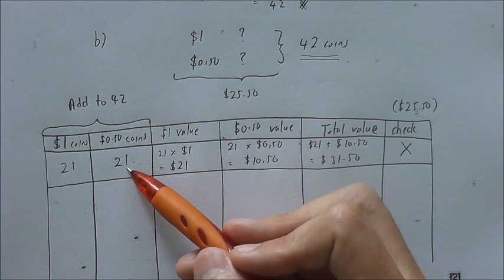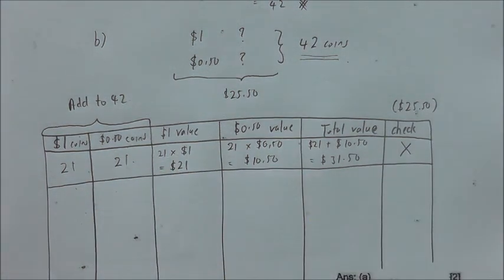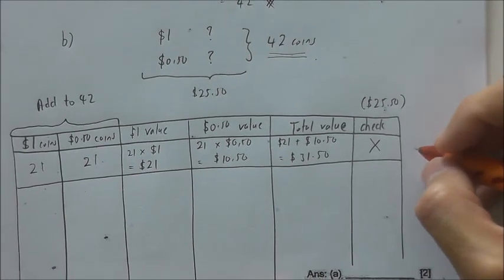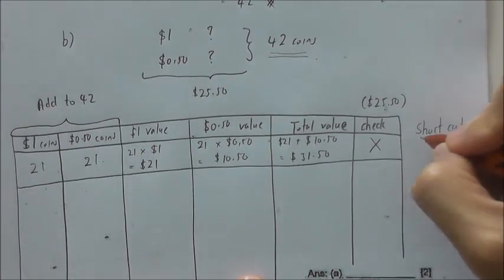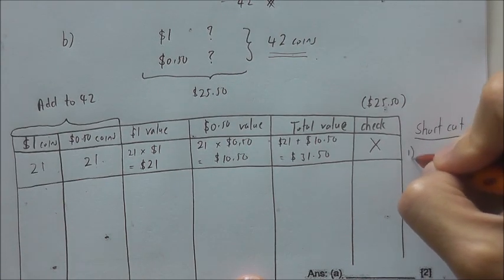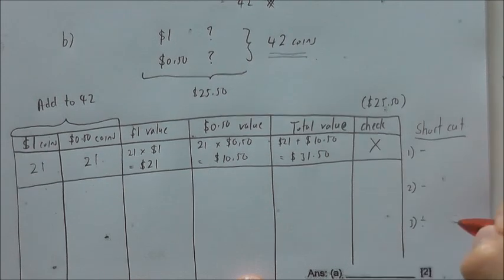And we need to have more 50 cents coins. But how many to reduce? How many to add? If you do guess and check, it's going to take quite long. So I'm going to show you this shortcut, which is called the minus divide method.